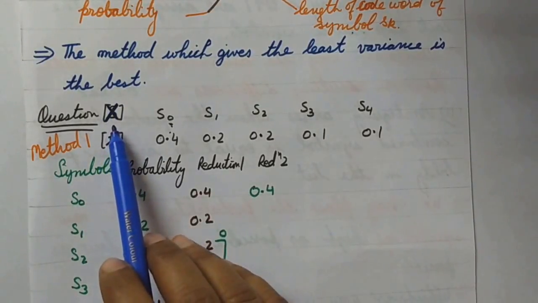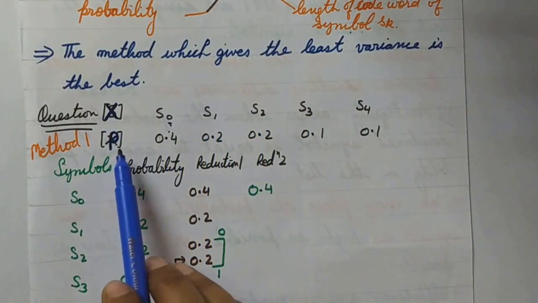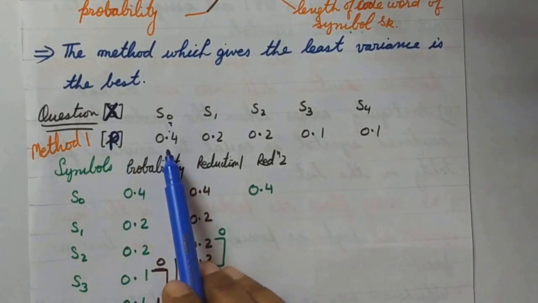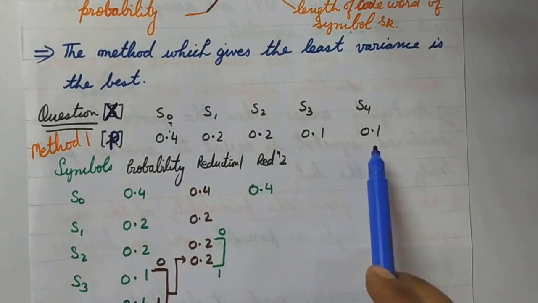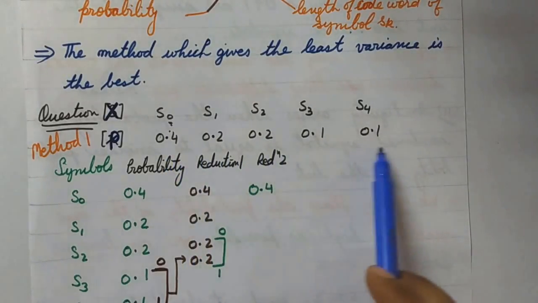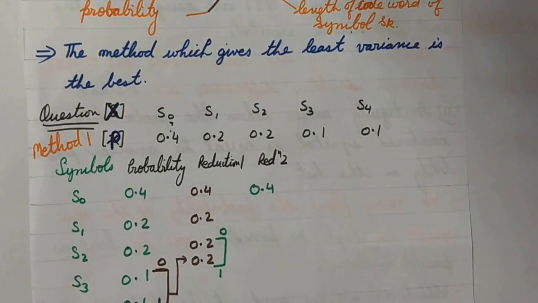I have a set of messages S0, S1, S2, S3, S4, and their corresponding probabilities: S0 has probability 0.4, S1 0.2, S2 0.2, S3 0.1, S4 0.1. The probabilities are written just below the messages.